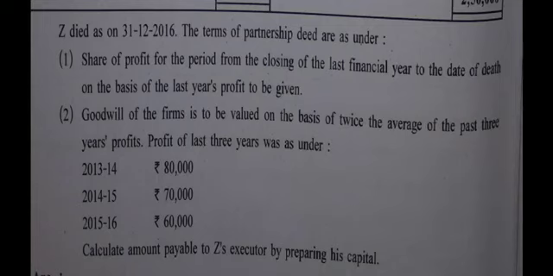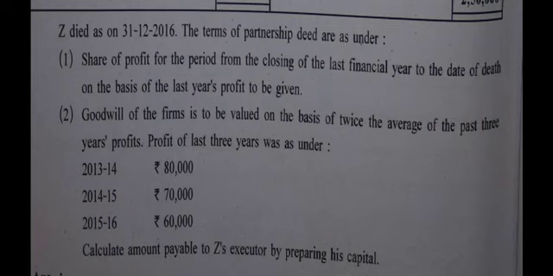So this is for the very first time that we are instructed about the death of a partner. Till date we have been dealing with the sums related to the concept of a retirement of a partner. Out of three partners, one retires.